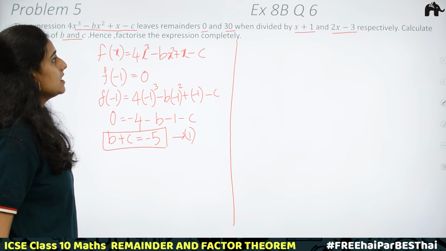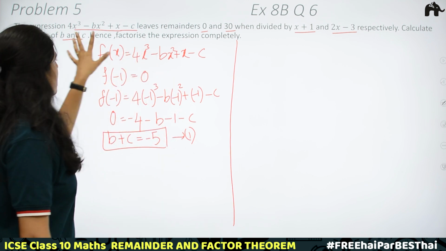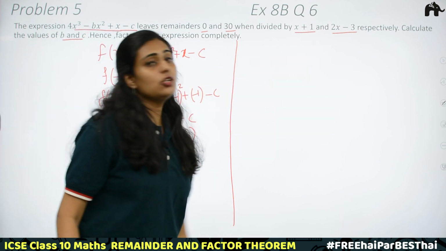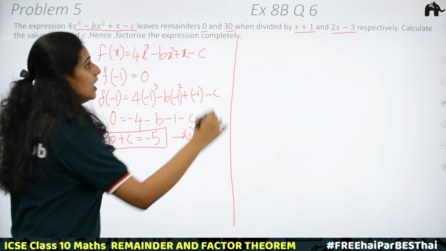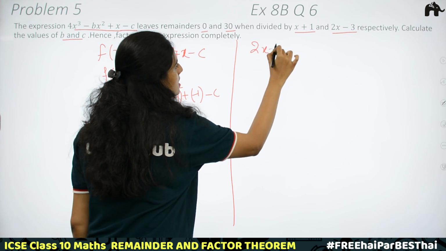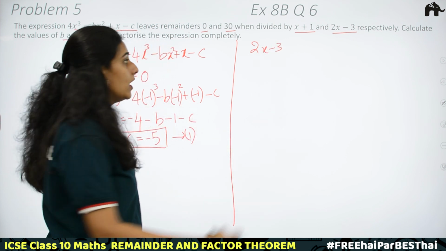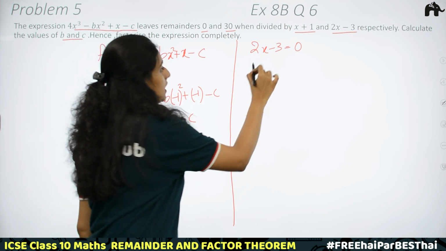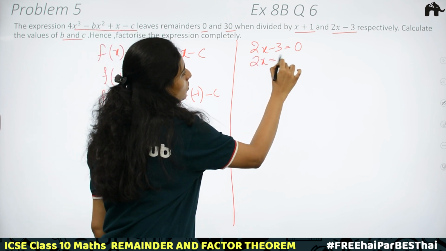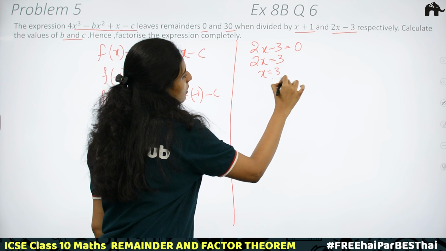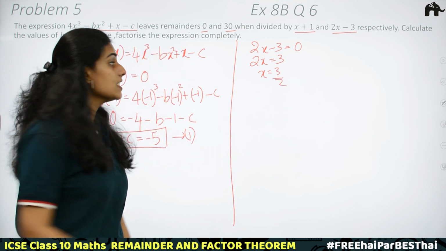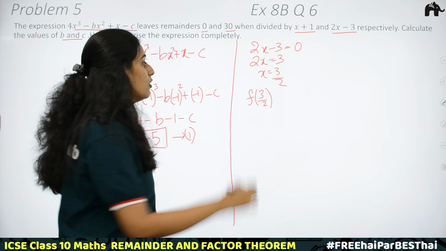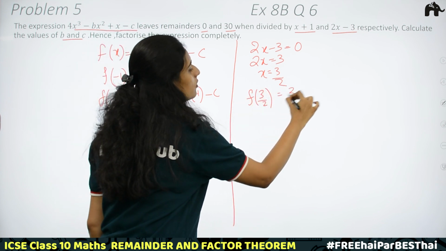Okay, then it is given that this expression leaves a remainder 30 when divided by 2x minus 3. Okay, 2x minus 3 will be equal to 0. Since 2x minus 3 is equal to 0, we get 2x is equal to 3 and x is equal to 3 by 2. When you find f of 3 by 2, which is a remainder, f of 3 by 2 will be equal to 30.